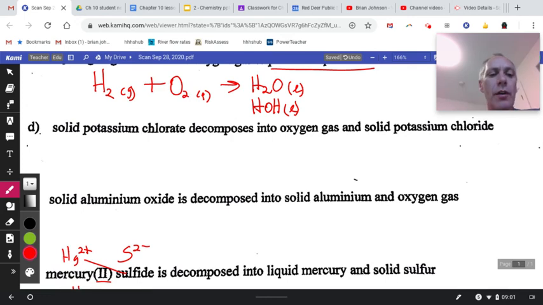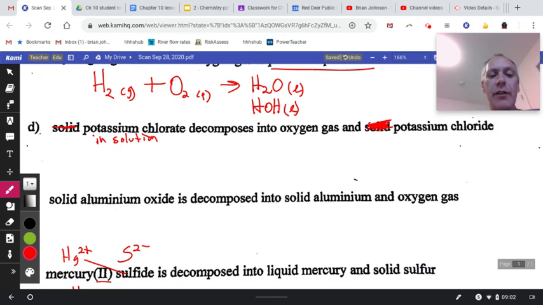Okay, so this question I'm going to change to potassium chlorate in solution decomposes into oxygen gas and potassium chloride. So we're changing this equation by adding water to it. So what would it look like with states?